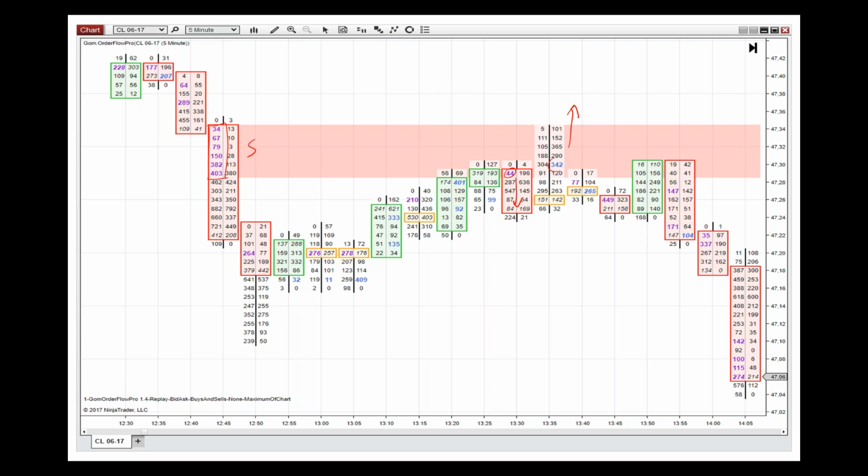And even here we see a lot of buyers that are trying to move the market up, but they're failing, and the bar is closing much lower. So this is absorption, and it goes down. This is an effort that is not working. A failed buying effort.